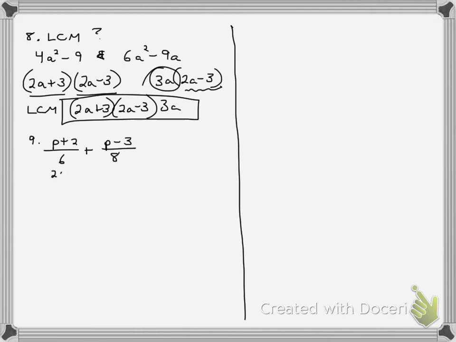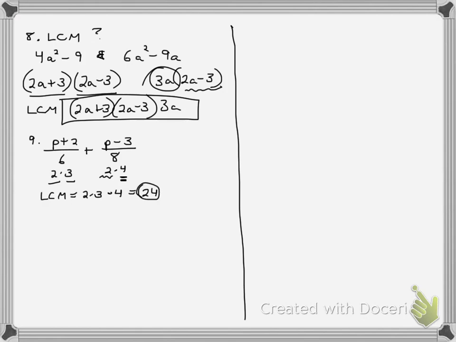This is 2 times 3, this is 2 times 4. So I would take everything from here, and anything that I still need. I've already got that, so I still need this. That equals 24.